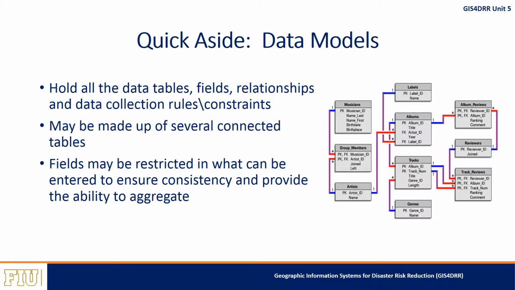So we talked momentarily about data models, and this is just a nice example I like to use to help people understand what we're talking about. The graphic on the right shows sort of a musical data model, where you have albums and artists and musicians and labels and album reviews and track reviews. And this shows how, in this data model, all these things are wired together. You notice there are multiple tables, and each line in the table indicates what would be a column in a database.